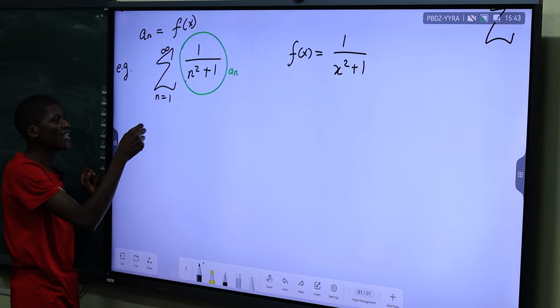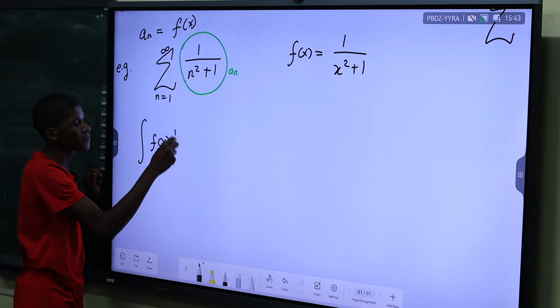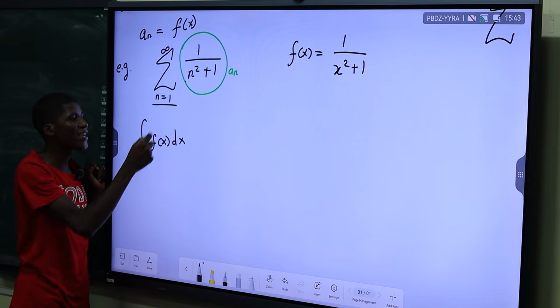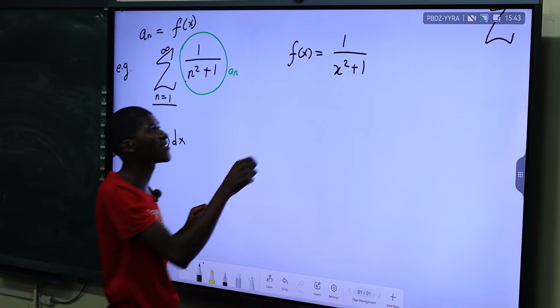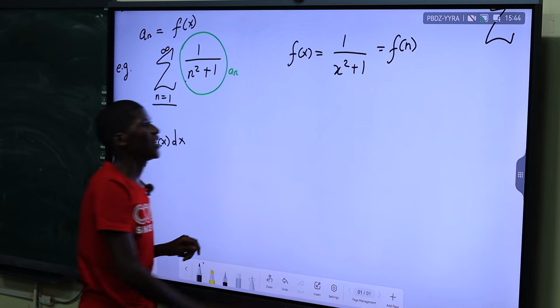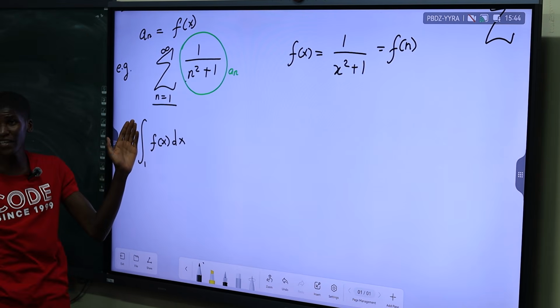So if we are going to find the integral, the integral of f of x dx, from which endpoint? From x equals 1. And n and x, they are kind of the same thing. We are trying to say n is our variable that we are changing from 1 to infinity.